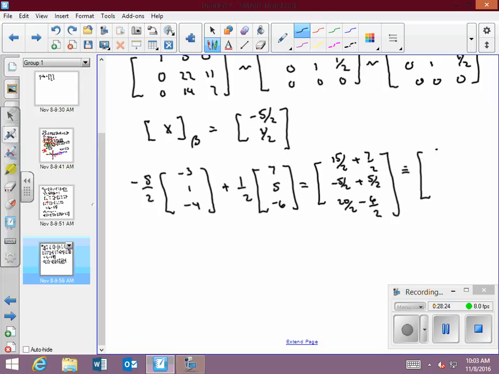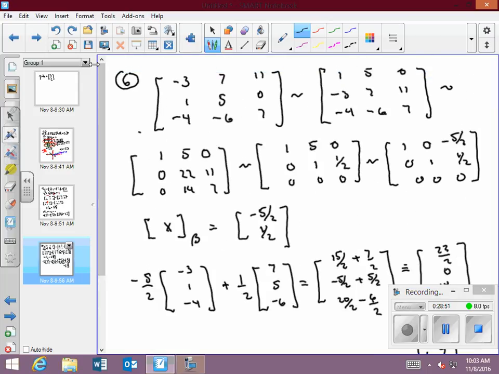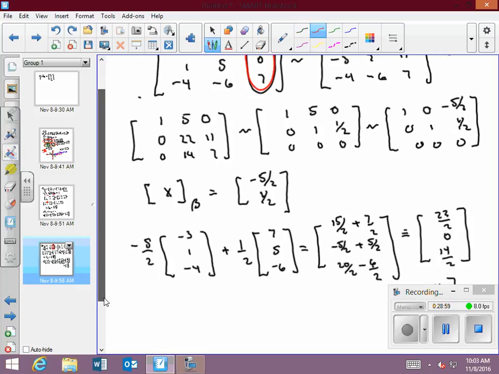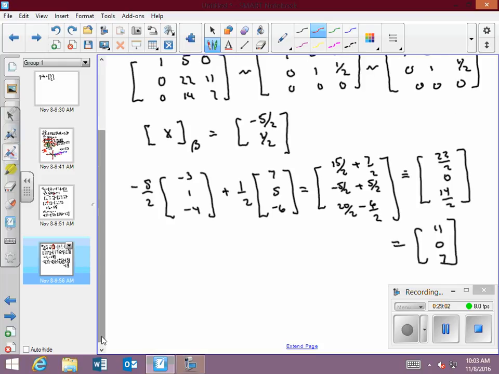That's 22 halves, 0, and 14 halves. And this is 11, 0, and 7. And that's what my original thing was. So that's how you weight the vectors.